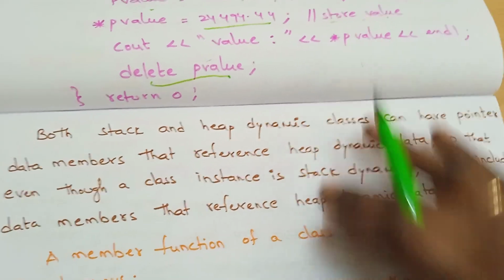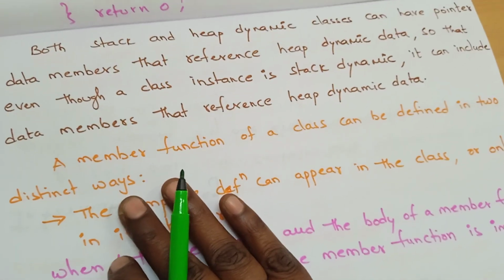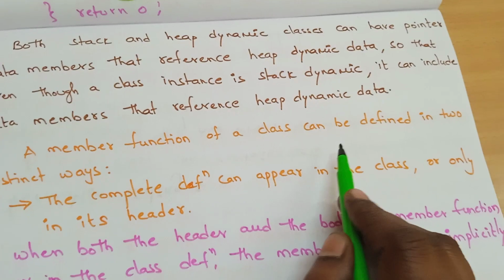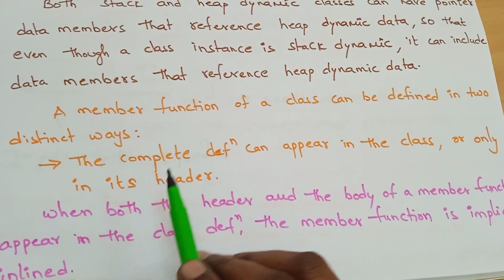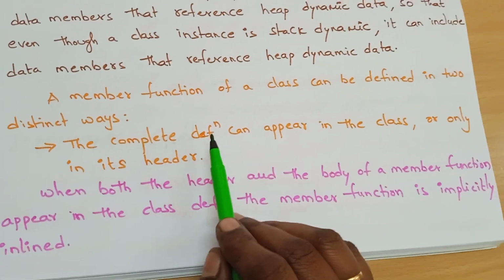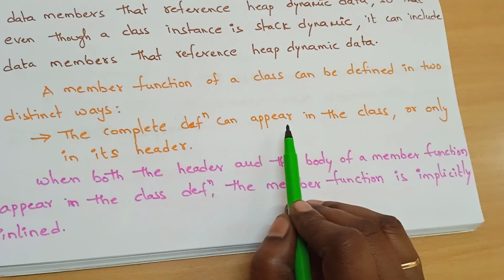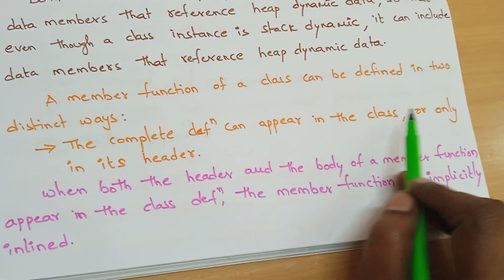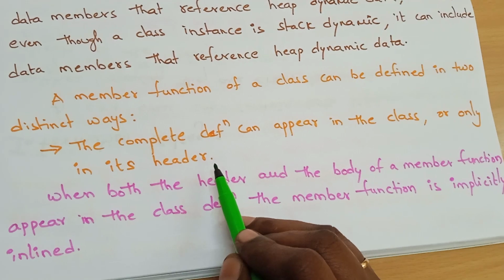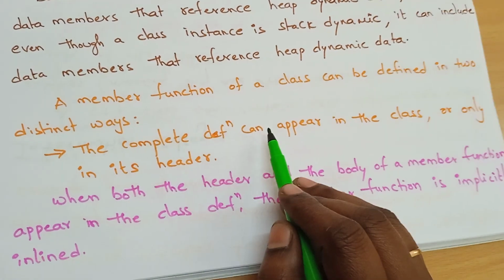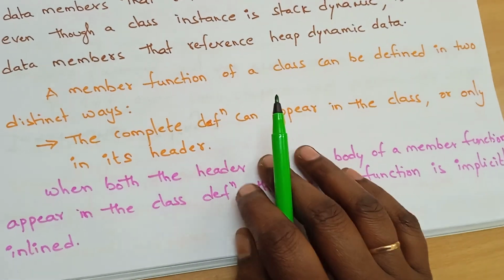Now, a member function of a class can be defined in two distinct ways. The complete definition can appear in the class, or only its header.